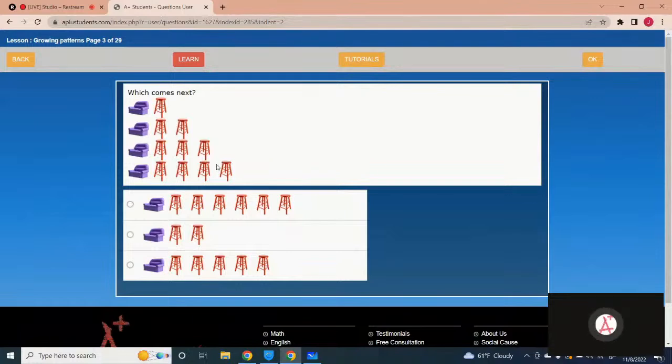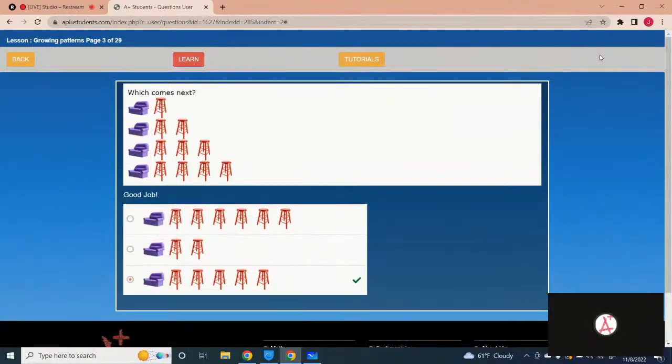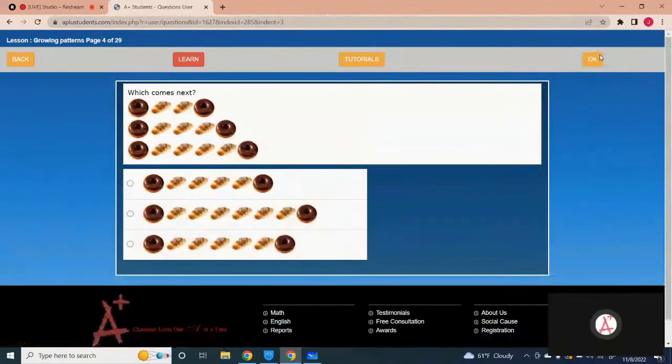And for the next one, which is the correct option, one, two, or three? Option number three. Very good, because now you have five of the stools.